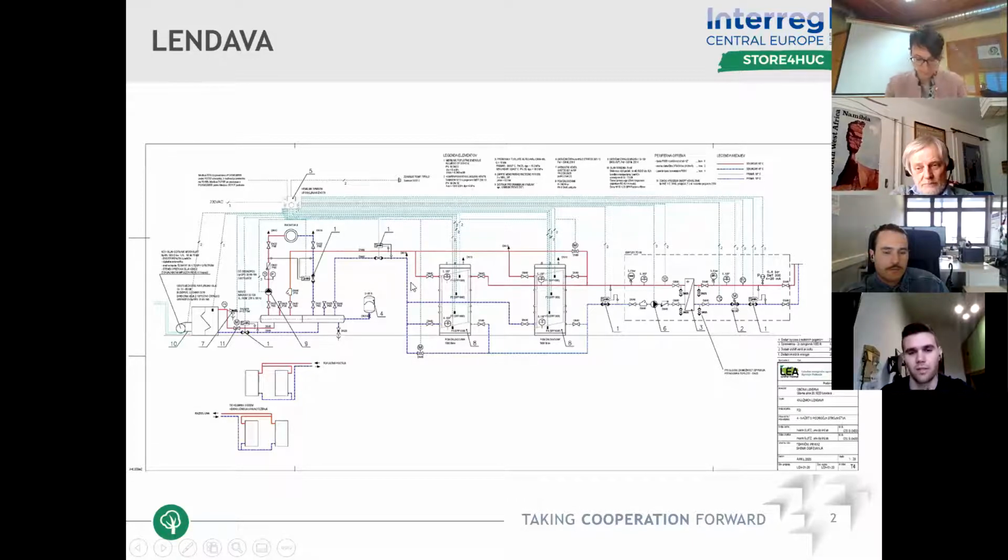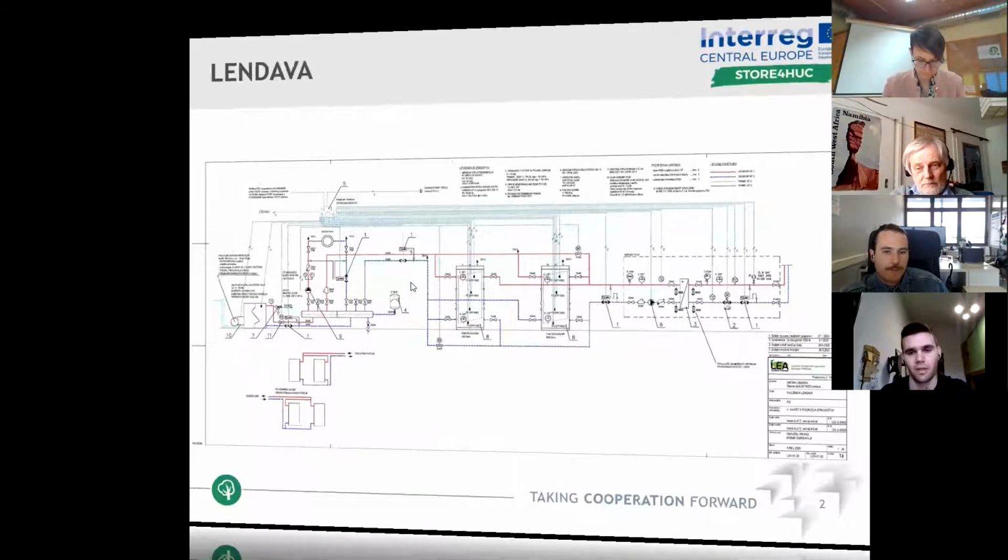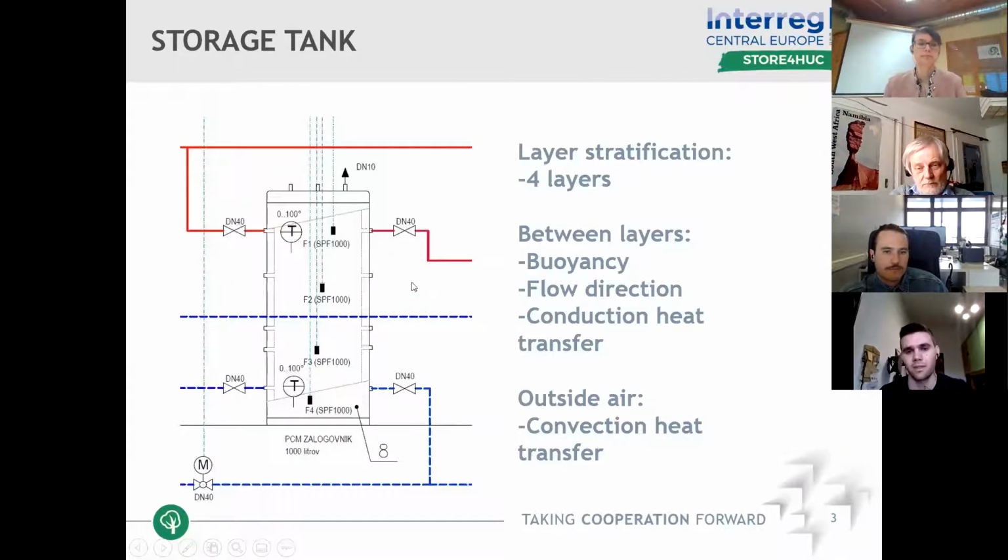Each of these heat tanks has a capacity of 1,000 liters, and they are filled with water and also with phase change material. We stratified the tanks by height in 4 layers.